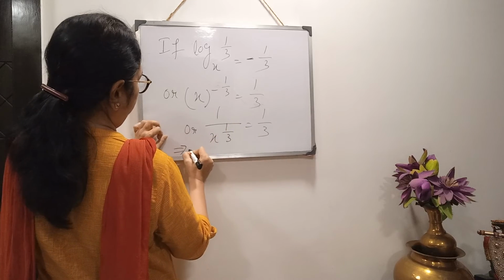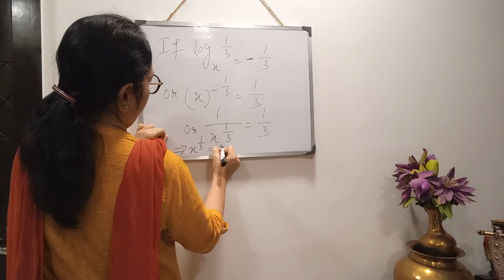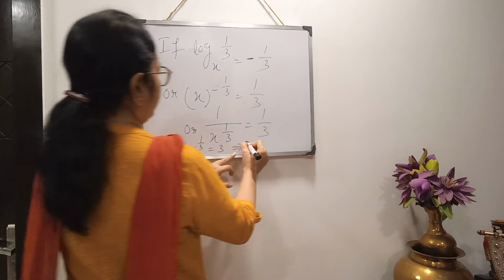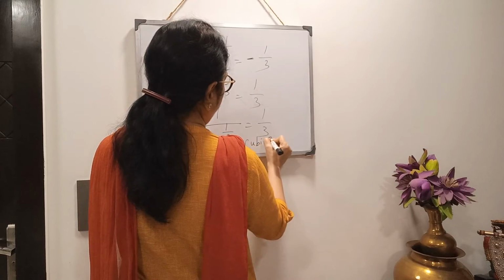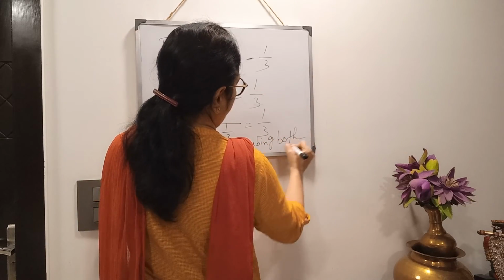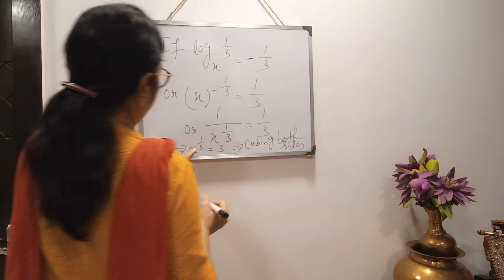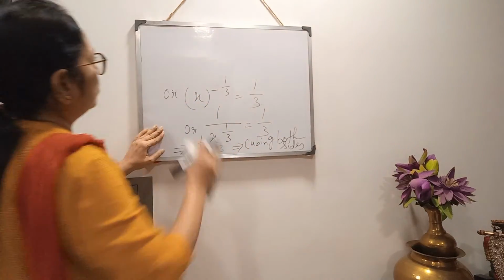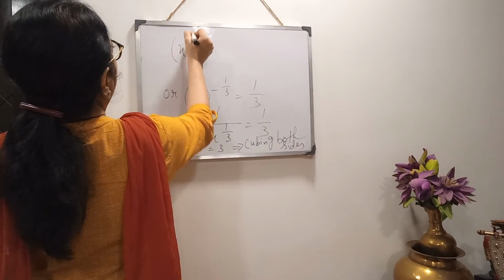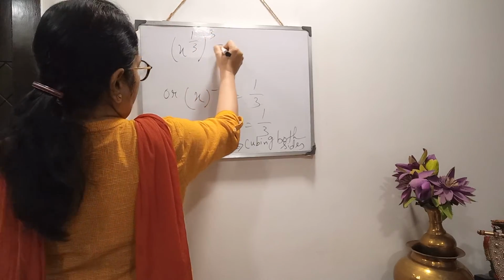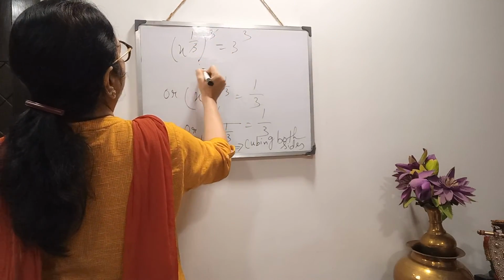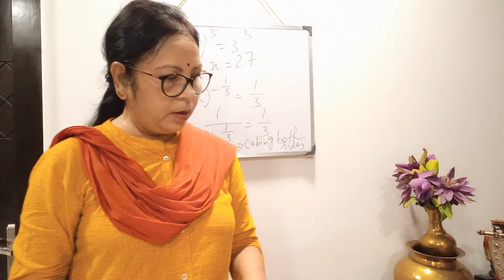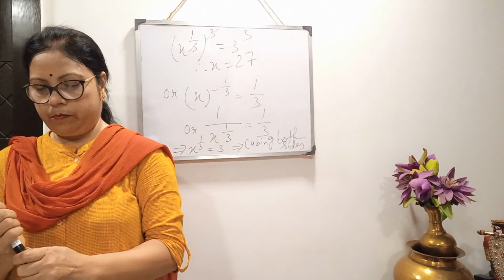Then cross multiply, then cubing both sides. If you cube both sides, then 1 by 3 will be cancelled out. So left hand side becoming this, and right hand side this. Therefore value of x is coming 27. Clear? Now next one you will get in the next part.